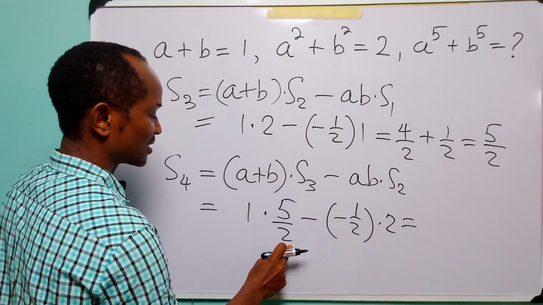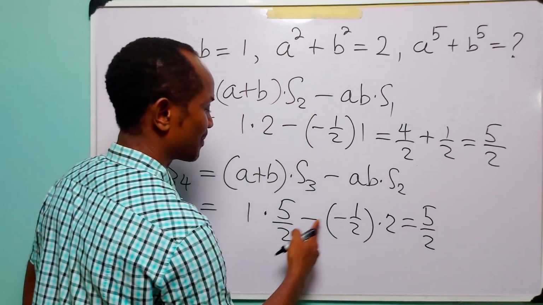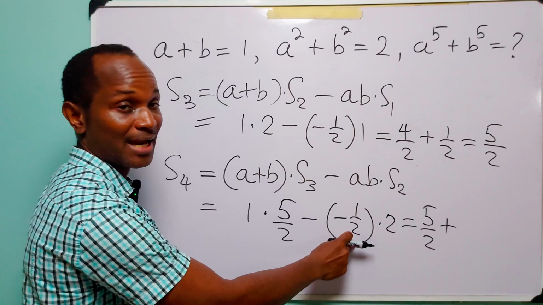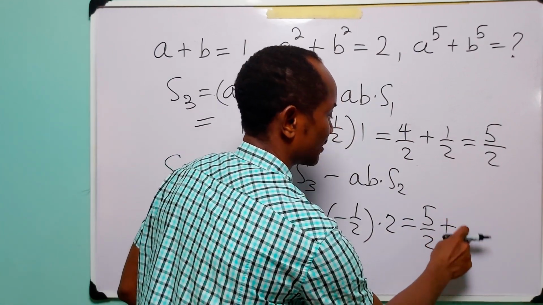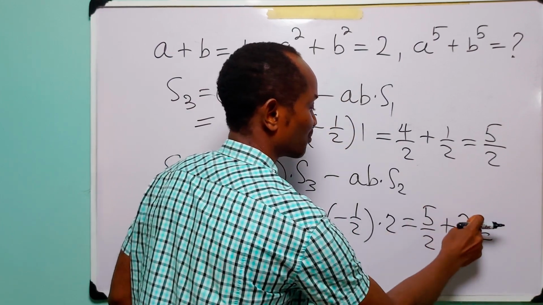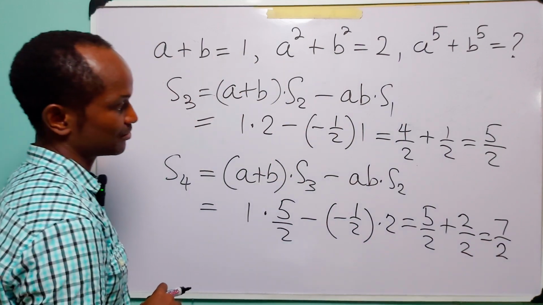Now, 1 multiplied by 5 over 2 is 5 over 2. Minus minus is plus, and 2 multiplied by half is 1. Let us write 1 as 2 over 2. 5 plus 2 is 7, and we have 2.